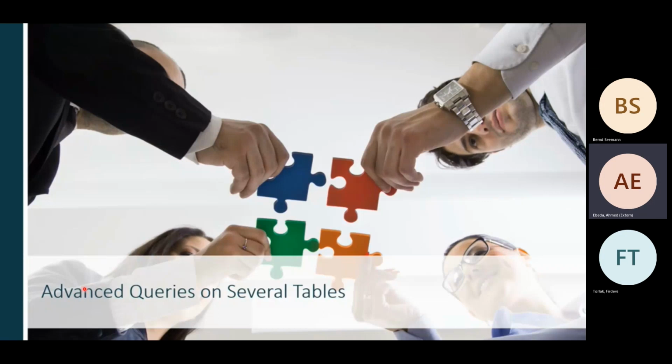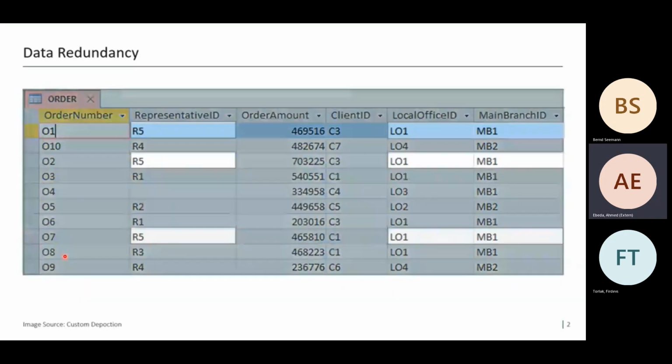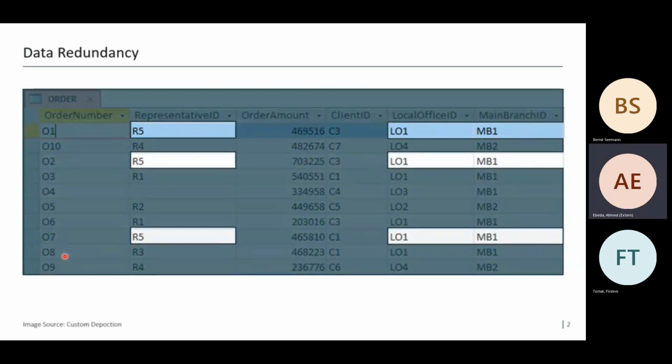Okay, so advanced queries on several tables. One of the most essential characteristics of relational databases is that they tend to eliminate data redundancy and all the anomalies caused by it. We can see in this table that data about local offices and main branches is redundant.